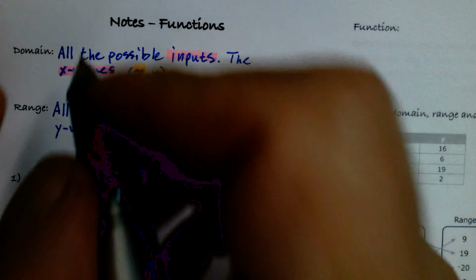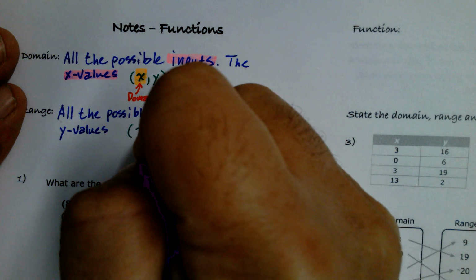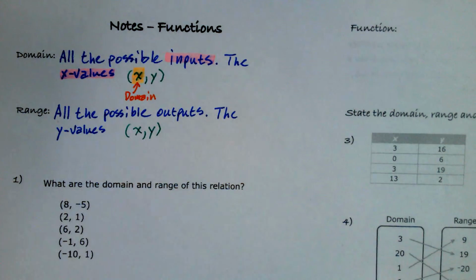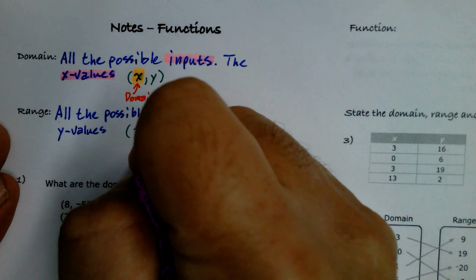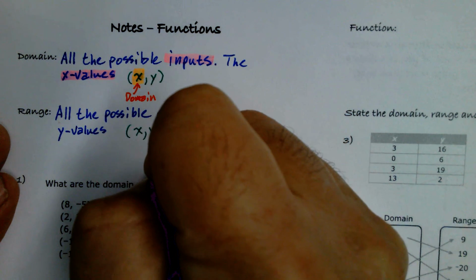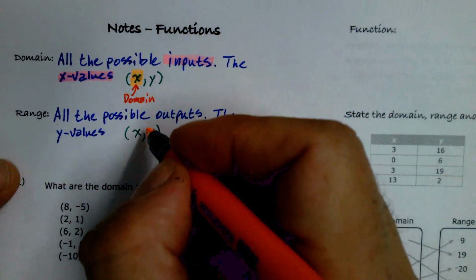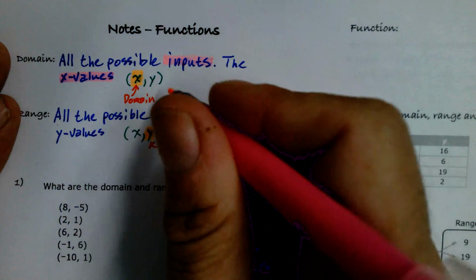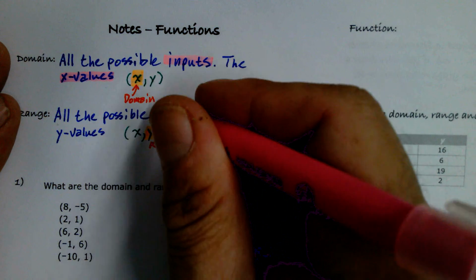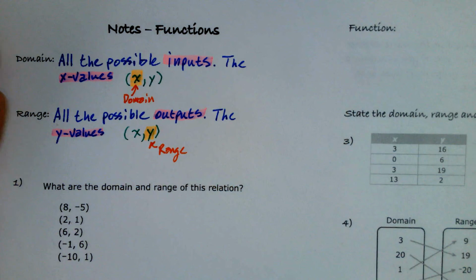In our xy ordered pair, the range is going to be all of these guys. I'm sorry, I said domain, I meant the range. So the range is all the outputs, which we associate with the y values.